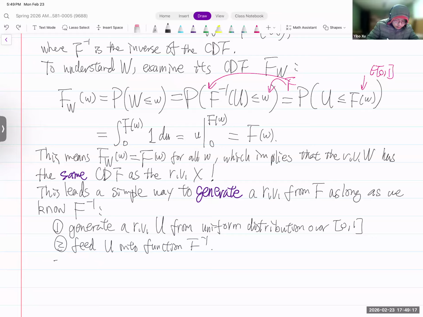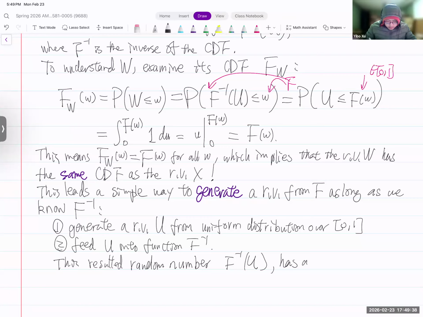This resulted random variable, random number F inverse of u, has a CDF being cap F.